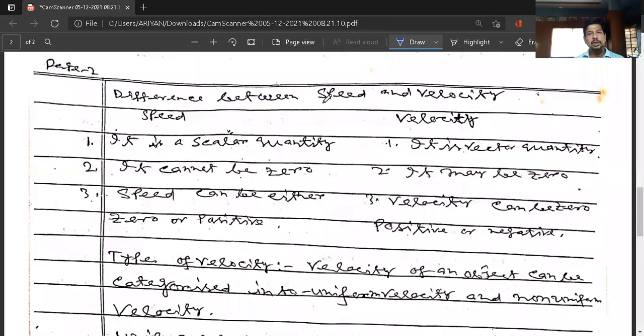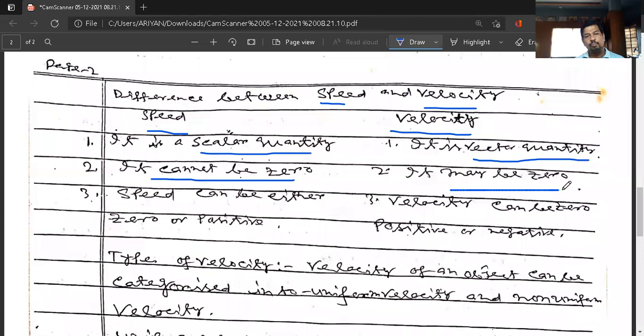এবার দেখো difference between speed and velocity.